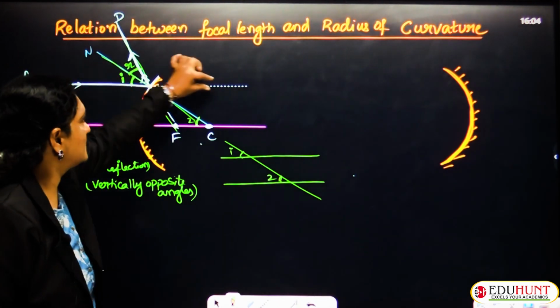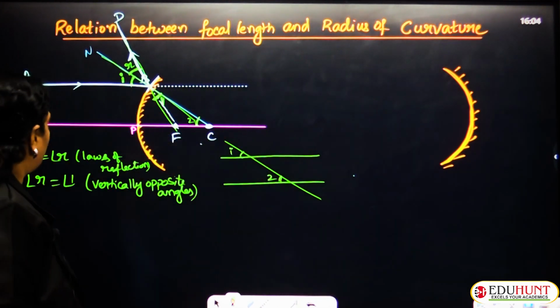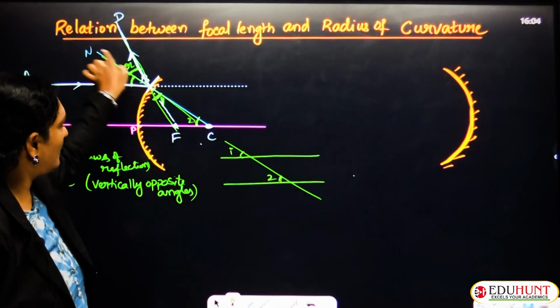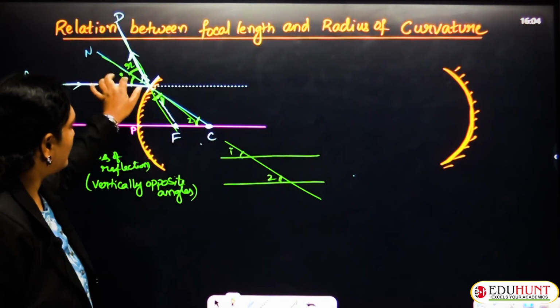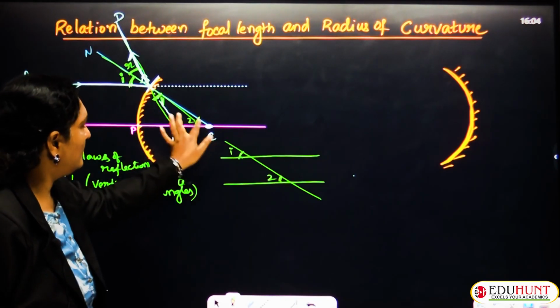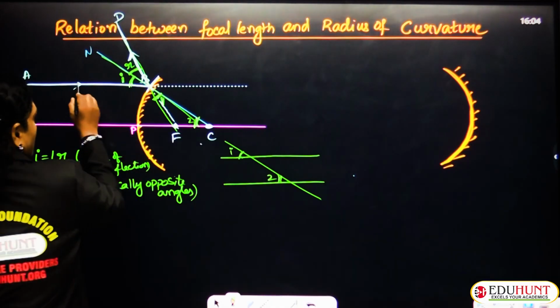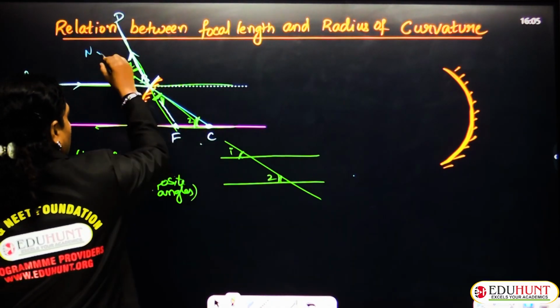This bottom line here is a corresponding angle. So if this happens to be I, then this must be 2. So these are the two lines we have considered.